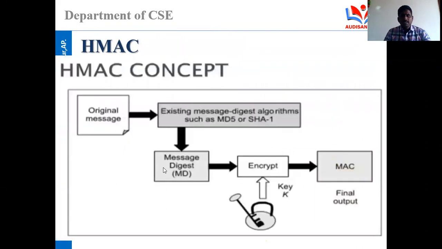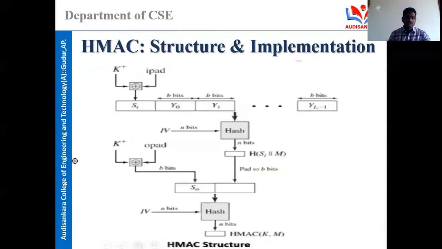See here, this is the basic HMAC concept. See the original message. On this original message, we apply some algorithm, which may be MD5 or SHA1. After that, we get the output, which we call a message digest. On the output, we perform encryption with a key K, and then we get the final output, which is called a MAC, message authentication code.